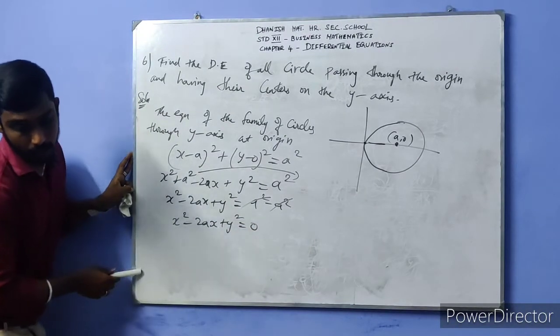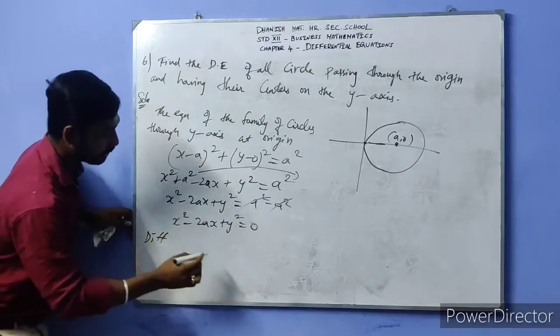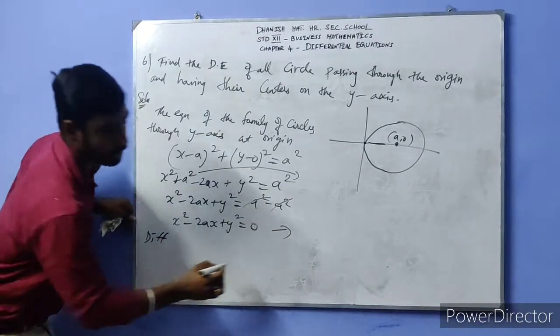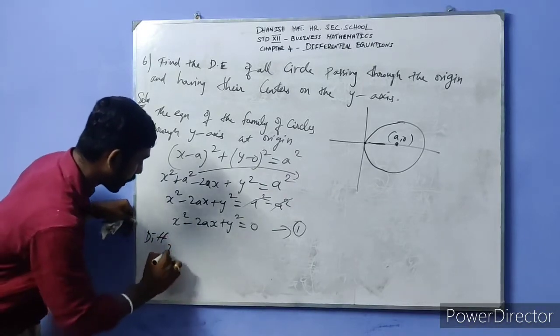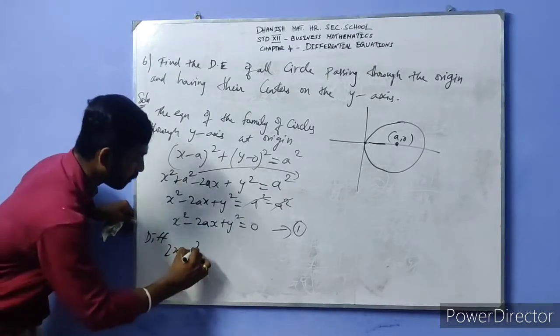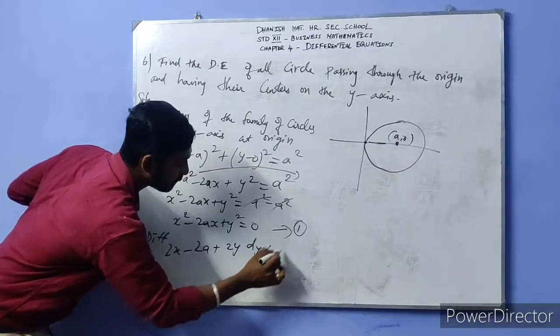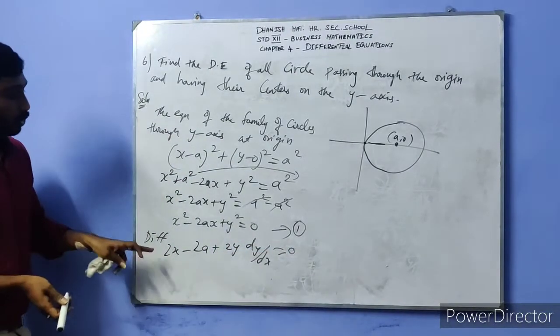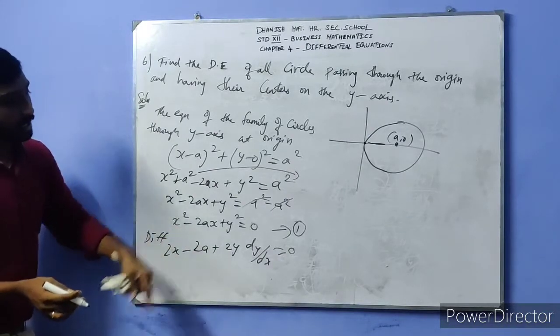So this one is the first equation. Now we are going to differentiate this equation. We get 2x minus 2a plus 2y dy divided by dx equal to 0.